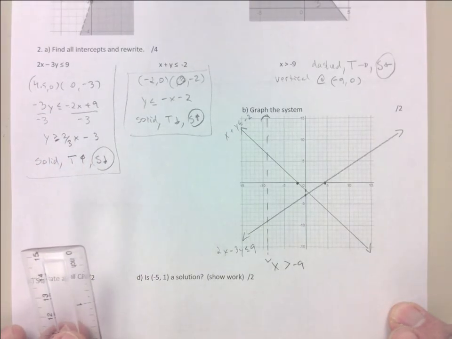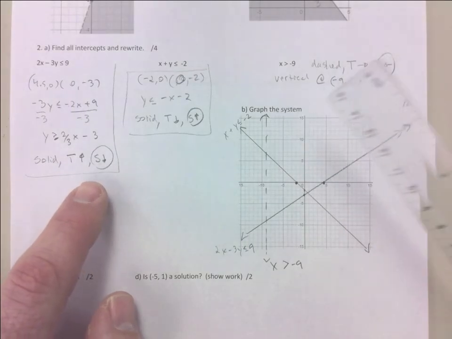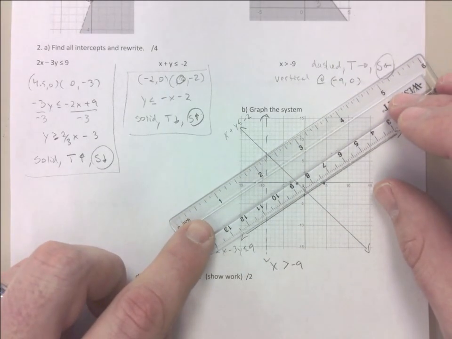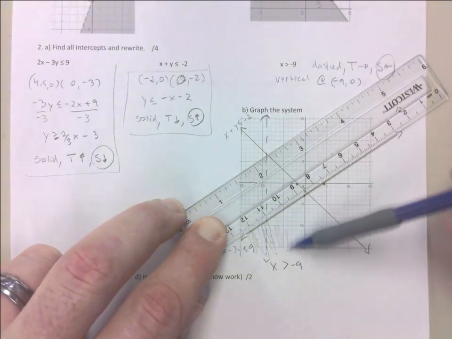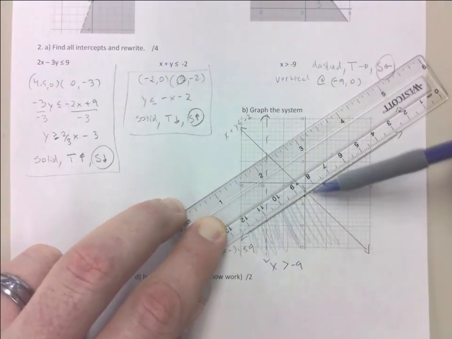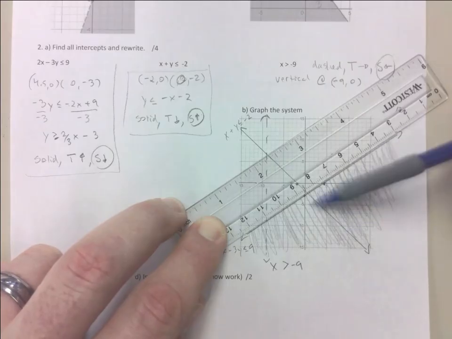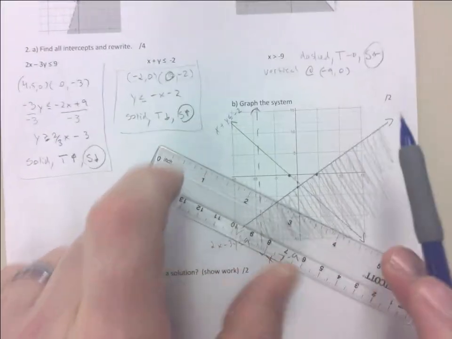And now it's shading time. Okay. The first line, this one here, I shade below. So I grab my ruler. This one shade above.